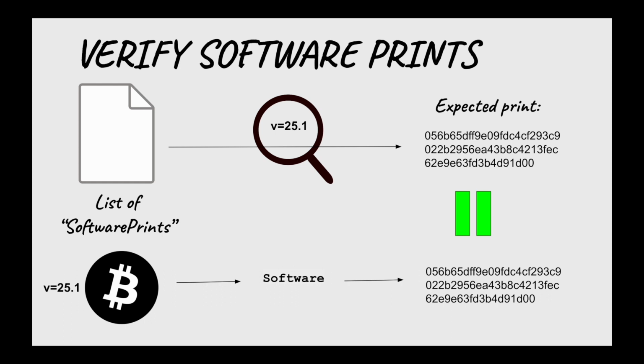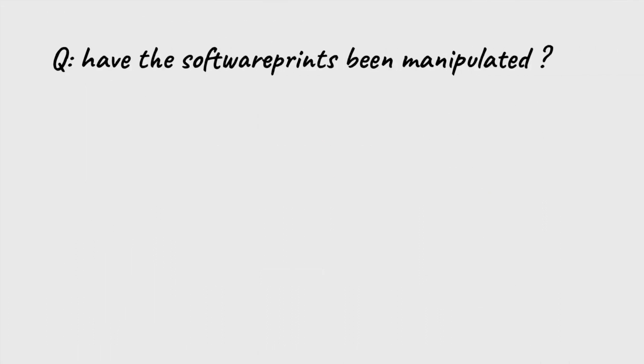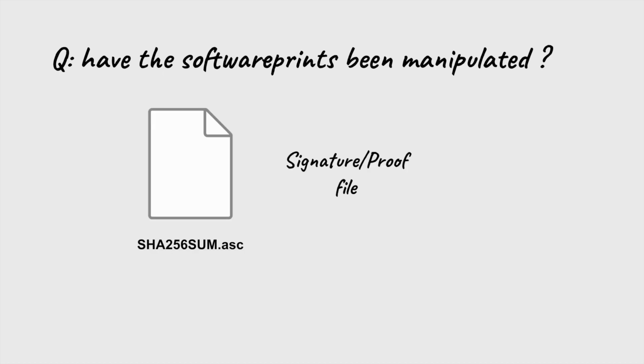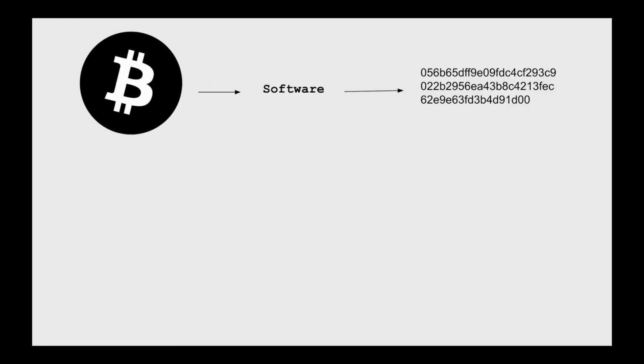Great! However, some of you might say, well, but who guarantees us that the software prints found in the file have not been manipulated? That's a really good question, and that's what the signature or proof file is for. So what happens in practice is that when a new version of Bitcoin Core is released, its software print is computed and added to the file.